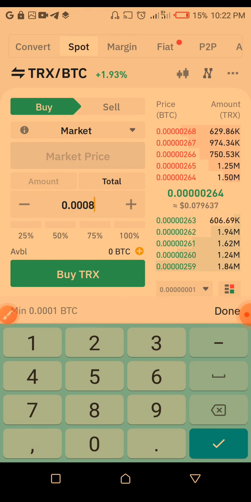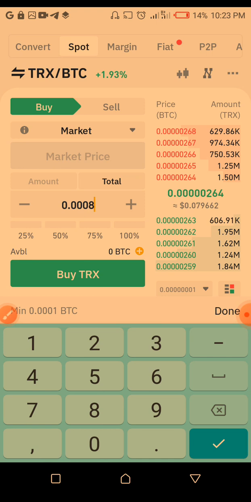So it will execute automatically and immediately, and you get TRS worth 0.0008 BTC instantly. It is not going to show you the amount of TRS you are going to get, but on a favorable price, or a price closer to this 264, you're going to get your TRS instantly.